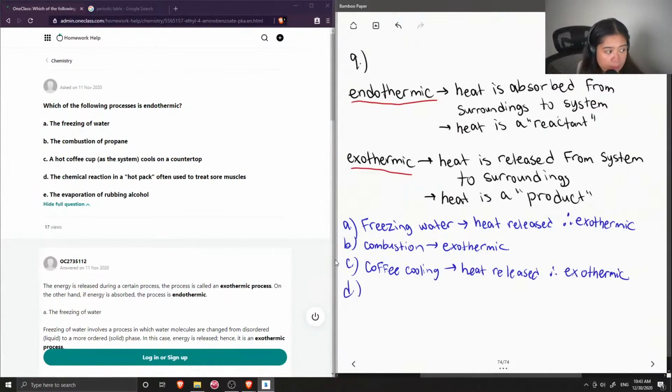D, the chemical reaction in a hot pack, often used to treat sore muscles. So hot pack. So what takes place is that the hot pack releases heat.